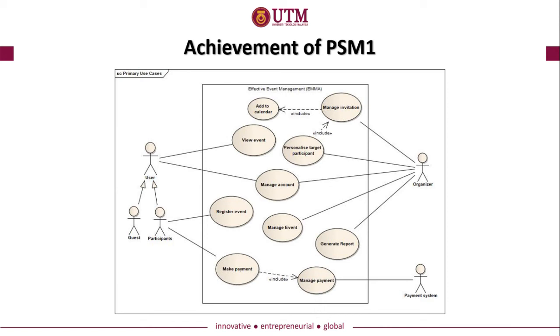The guests are the ones who only view the events, and the participants are the ones that will register for the event. Then we have actor 2, which is the organizer, and the third one is the payment system. The first use case is manage account, which is connected to user and organizer, where they can register and log in to the system.